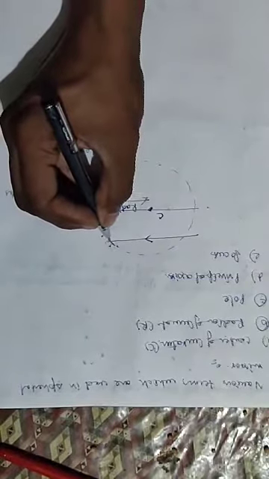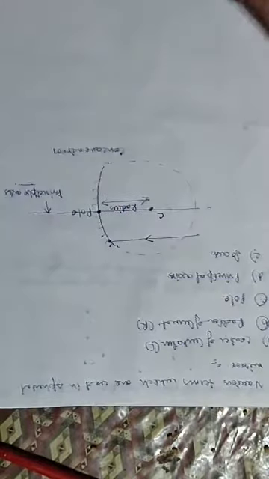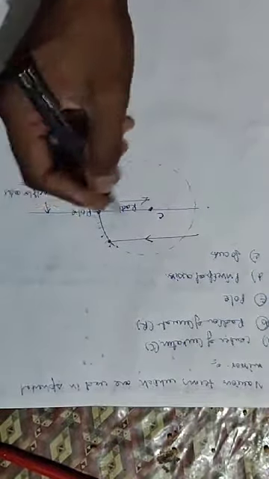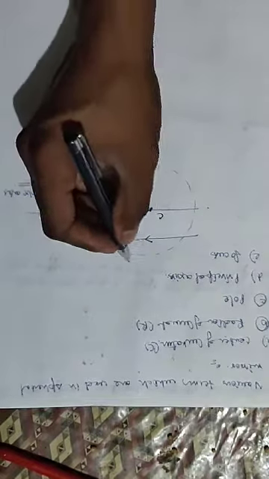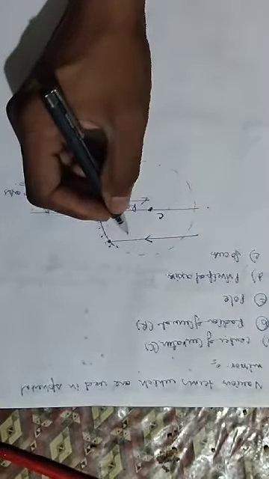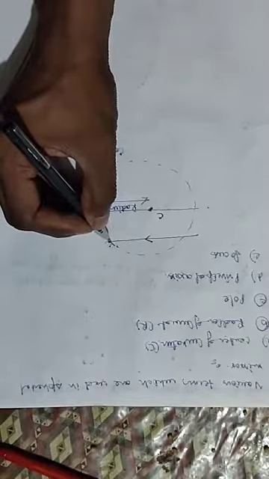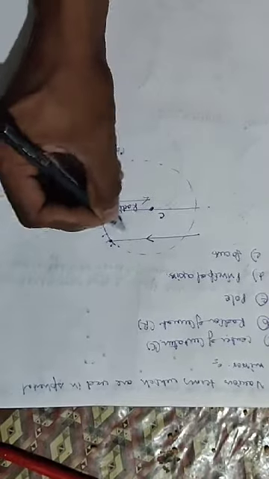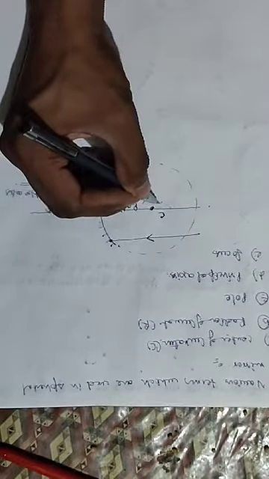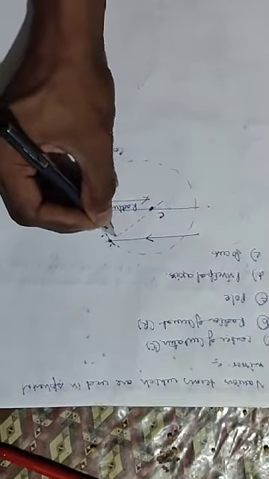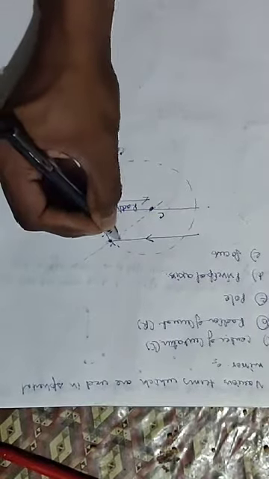So at this point of incidence, if I want to draw a normal, so in case of a circle or a sphere, a normal from a surface will always pass through center. If I want to draw a normal at that point, that will pass through center, and this angle is nothing but angle of incidence.